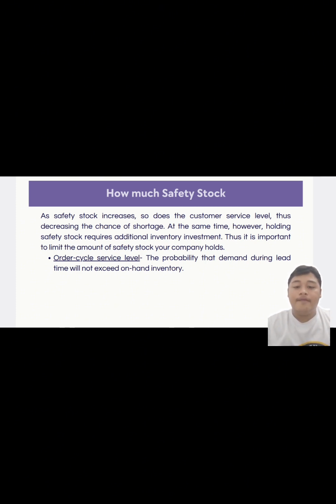Target inventory level. Used in determining order quantity in the periodic review system. Target inventory less on-hand inventory equals order quantity.